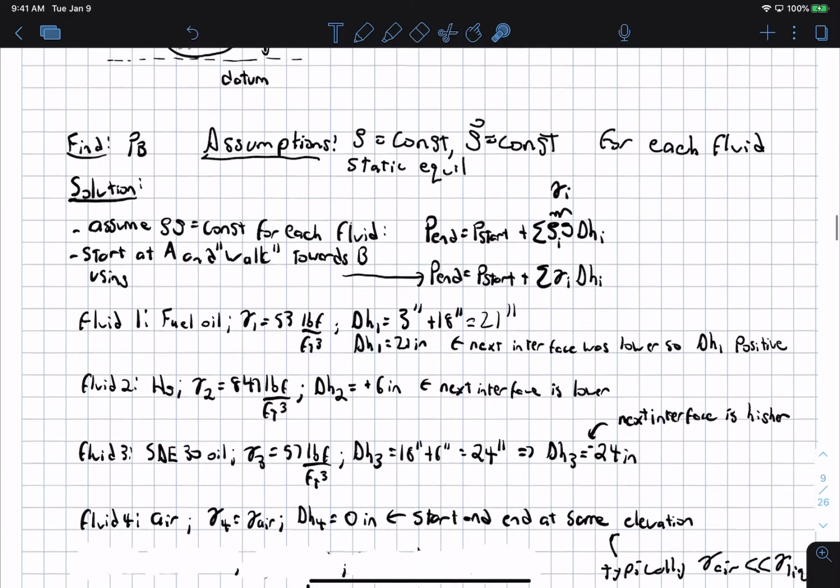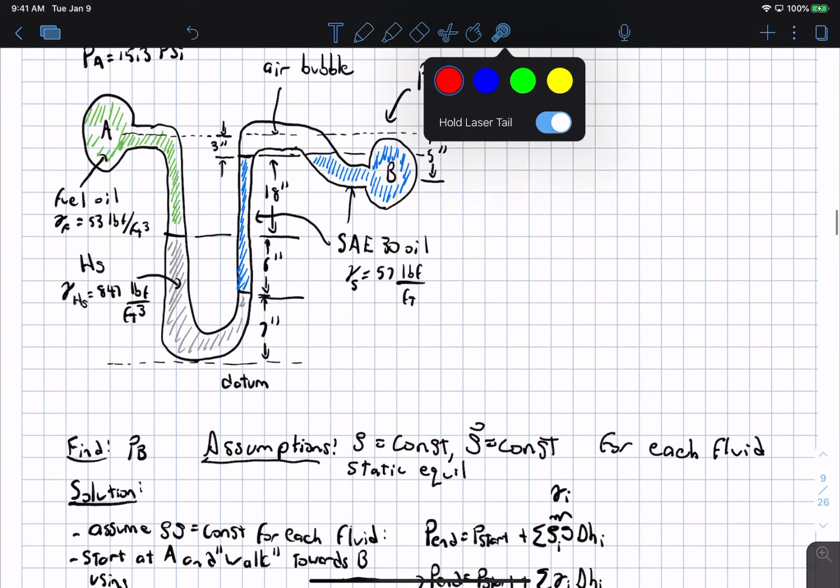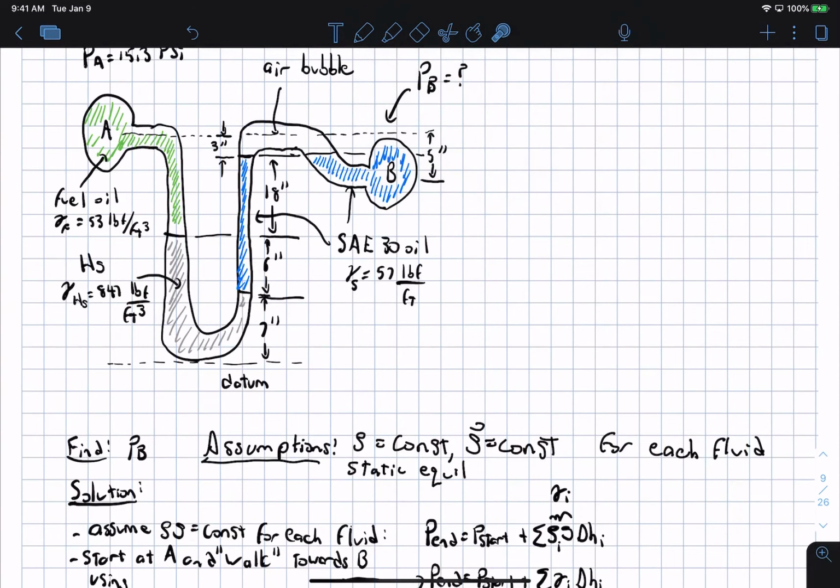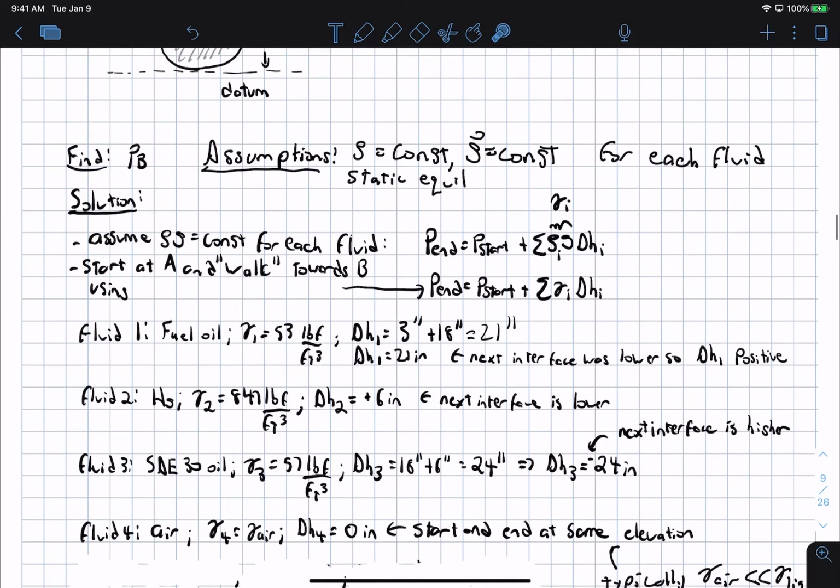So unless we went up in the air on the order of like a half mile, that's going to have absolutely no change of pressure relative to this liquid here. Okay, so in most cases, if you have an air bubble, you can neglect the pressure across that if you're not given a specific weight or a density, just because it's so low.